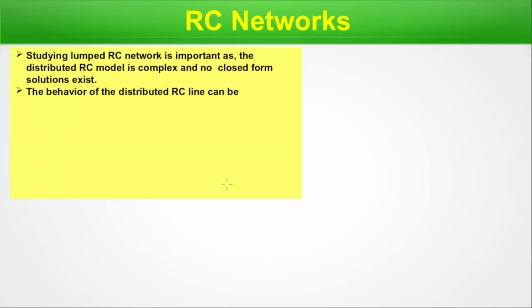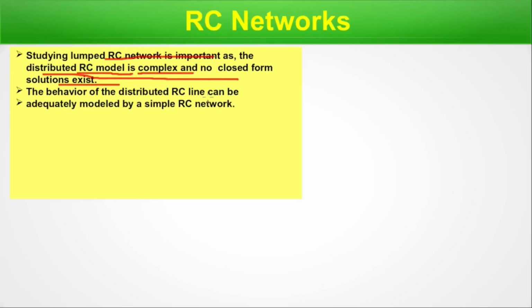Studying lumped RC networks is important as the distributed RC model is complex and no closed form solution exists. The distributed RC model is a better approximation, although it has no closed form solution and solving is complex. The behavior of the distributed RC line can be adequately modeled by a simple RC network.